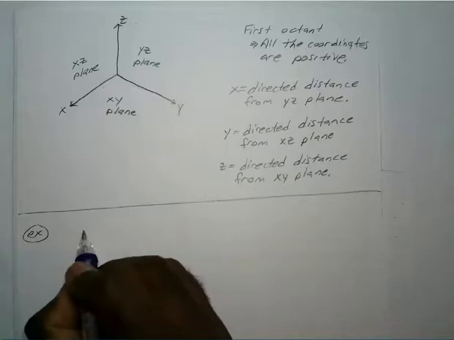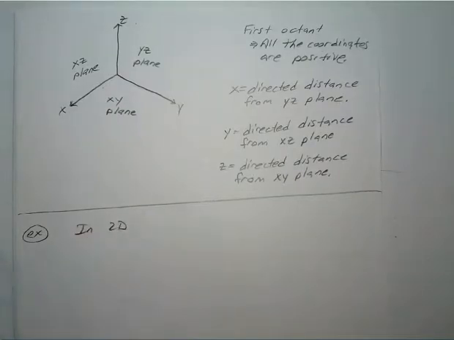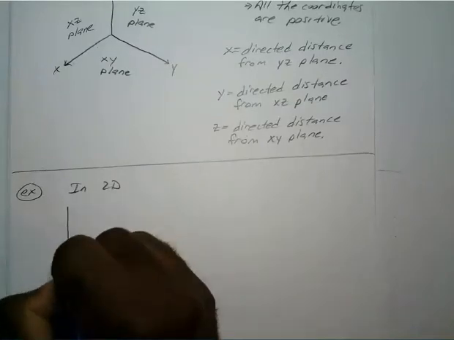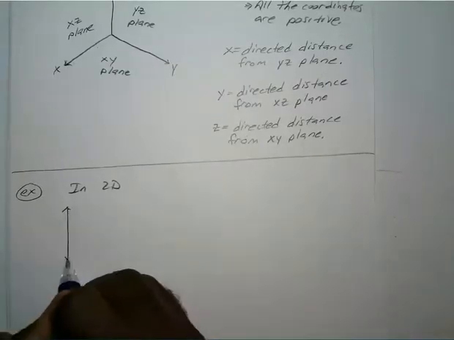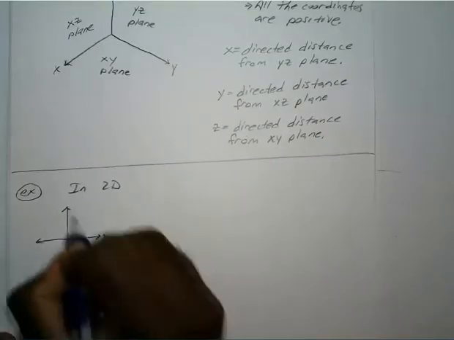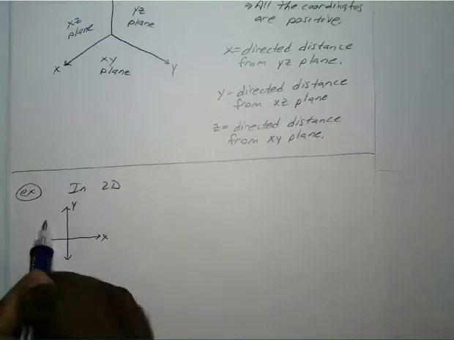Okay, so for example, in 2 dimensions, let's say we have our XY axis, we have our X, we have our Y. Let's say you wanted to graph Y equals 3.